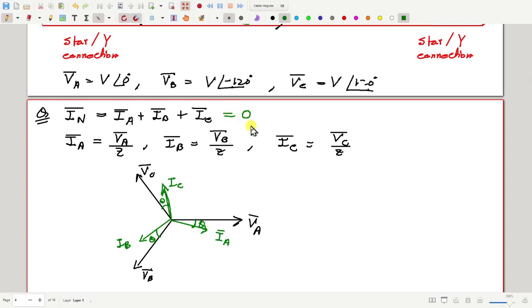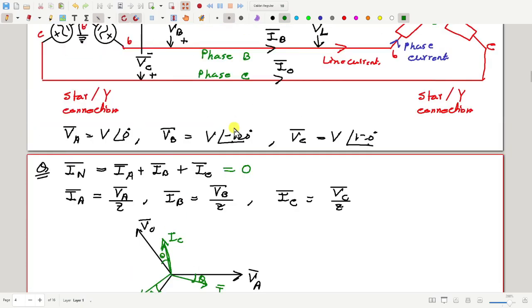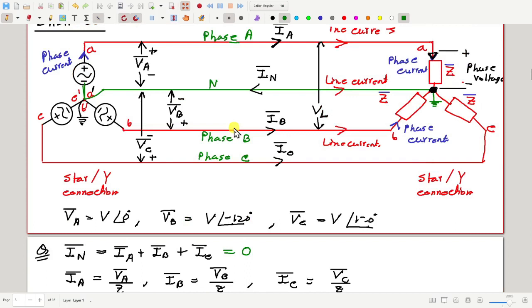Right? From your high school physics, the resultant will be 0. So one advantage of this three-phase system is that if we have a balanced load, then there is no neutral current. Therefore, we can omit this neutral line. We need not have this neutral line because there is no neutral current.